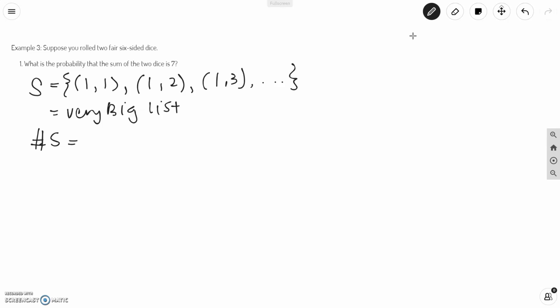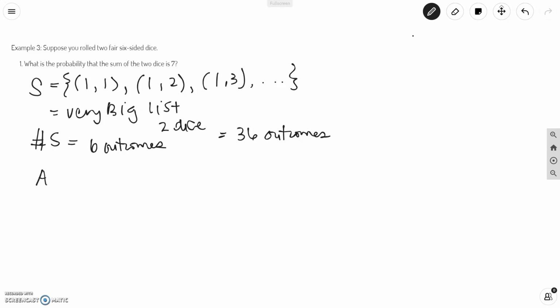The base will always be the number of outcomes for a single die. In this case, there are 6 outcomes for a single die. And then the power will be how many dice you have. In this case, we have 2 dice. So 6 outcomes, 2 dice. If we solve this through, 6 to the second power is going to give us 36 outcomes in the sample space.